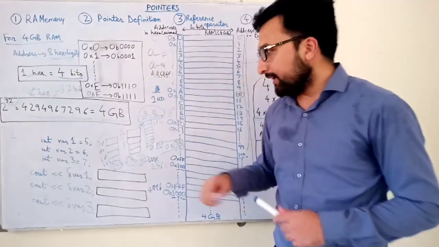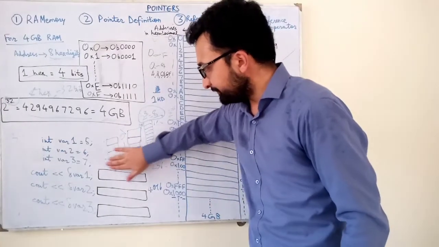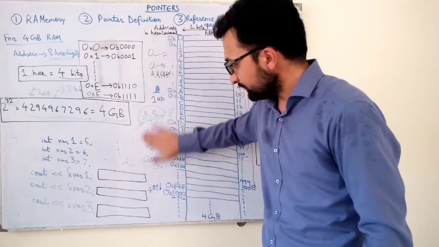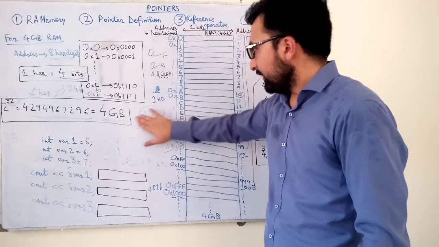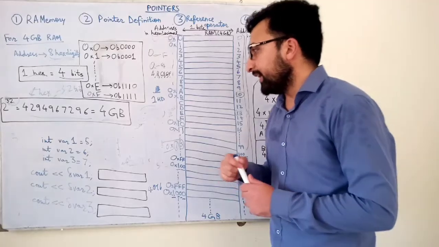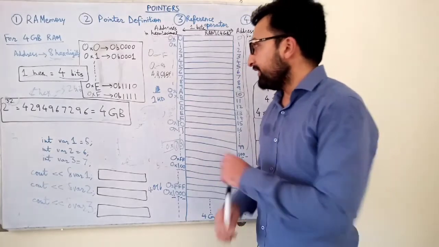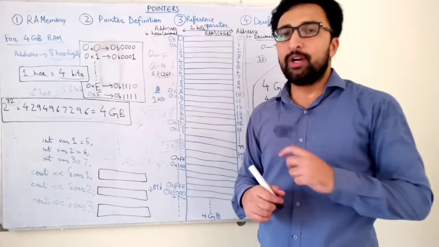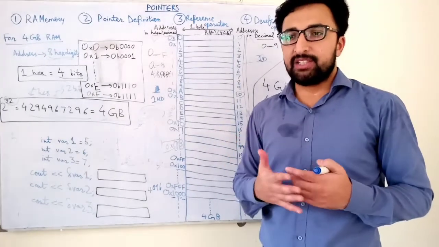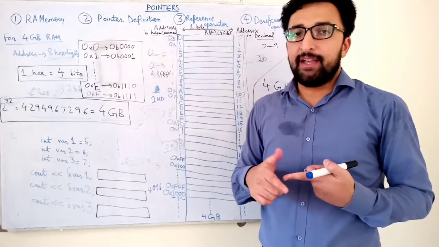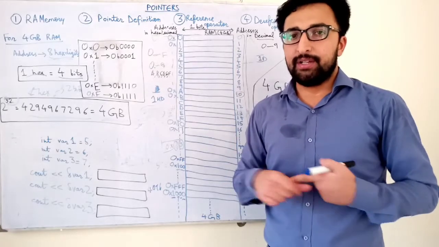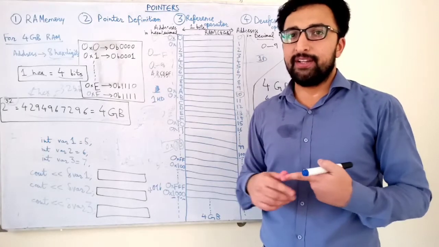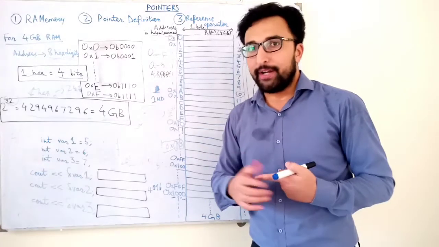Now let us look at a little example here. This RAM is basically where our variables are stored by the operating system, whether it is Windows, iOS, MacBook, or Android.